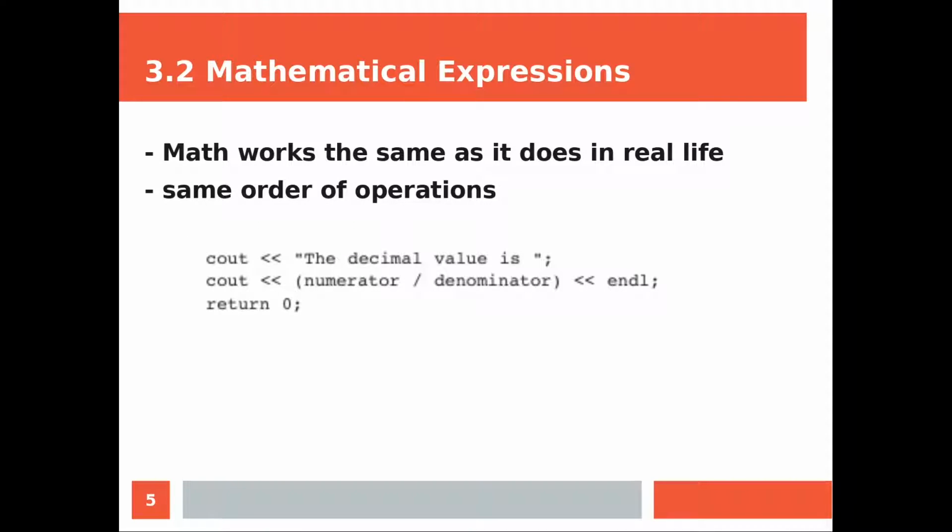So for section 2, we're going to talk about the order of operations and the 5 basic operators that you've got from elementary school math: plus, minus, multiply, divide, and modulus.